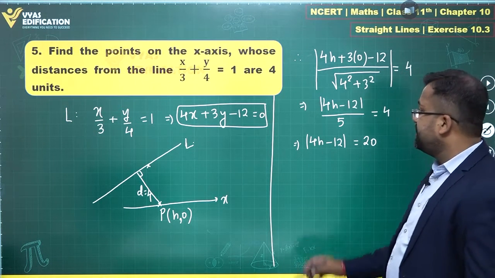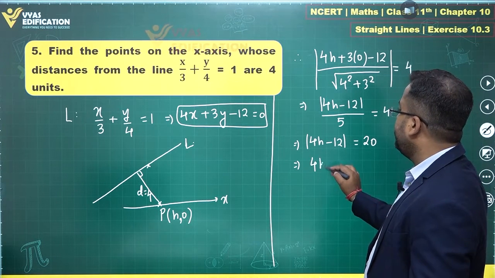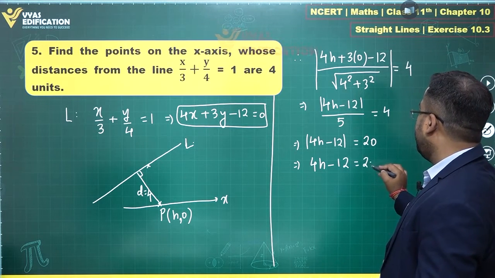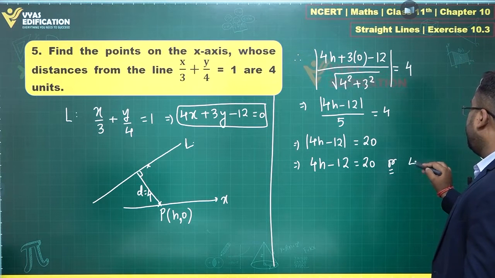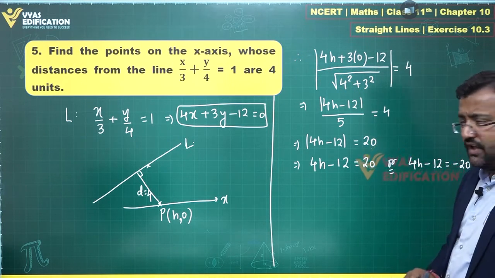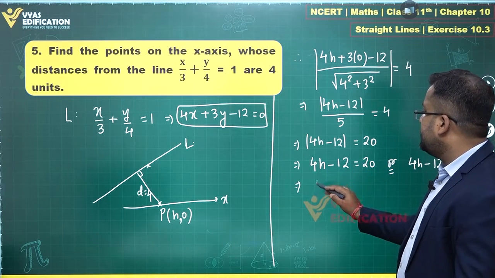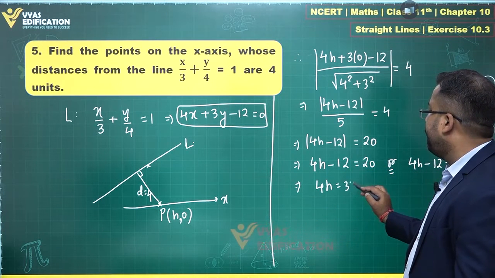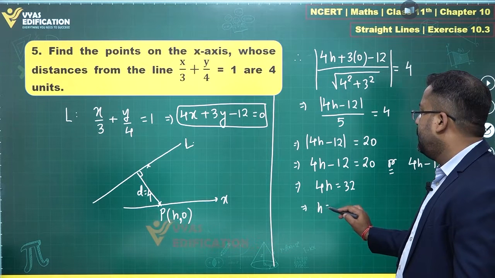On the basis of this, you get 4h minus 12 is equal to 20, or 4h minus 12 is equal to minus 20. This is what you observe, right? This tells me 4h is equal to 32, or h is equal to 8.